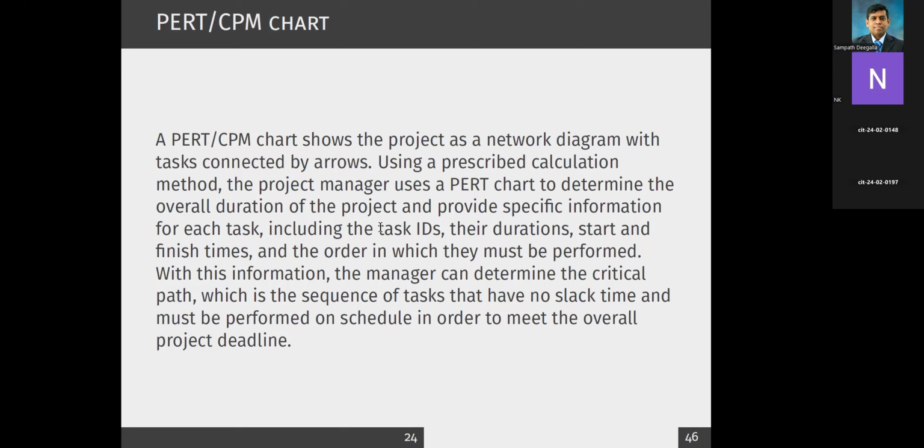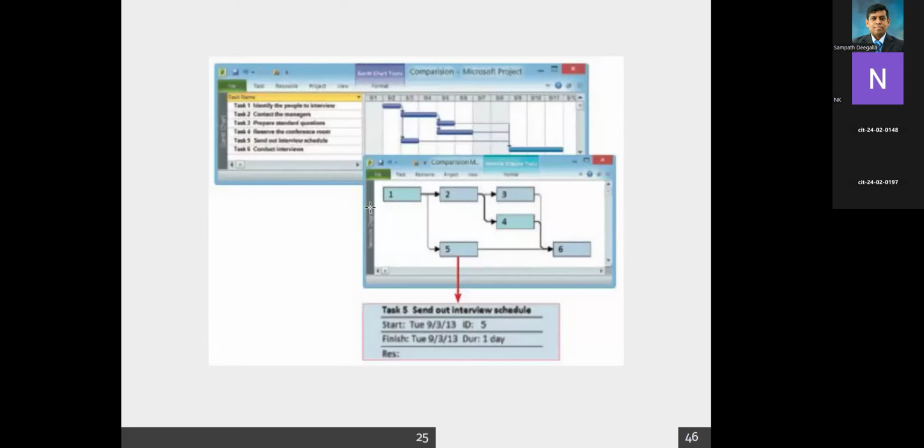Then using that information, the manager can identify the critical path. Critical path means there are some paths in the project development. If the path gets delayed, the whole project will get delayed. So let's look at how we develop it, and then we can have a small exercise.